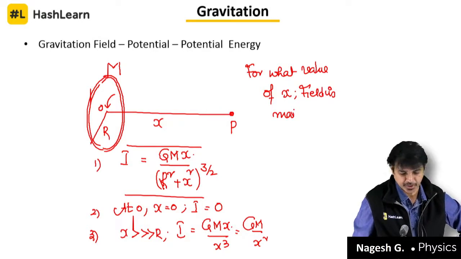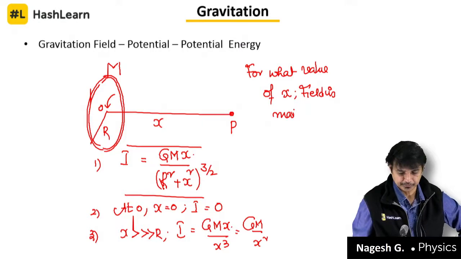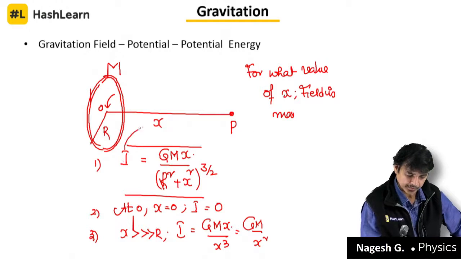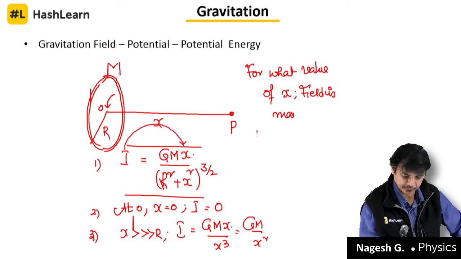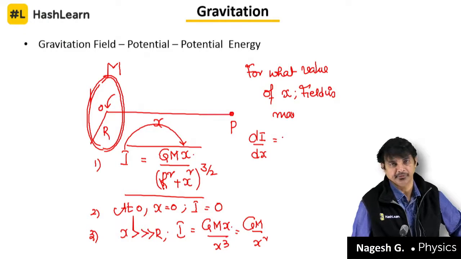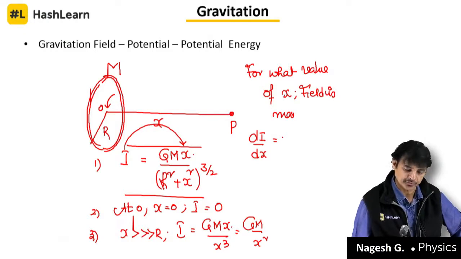For a function to have either a maximum value or a minimum value, the first derivative of the function will be equal to 0. So, here this I is a function of x, dI by dx. I want to know for what value of x the field will be maximum. So, let us consider the equation of the field and differentiate it.